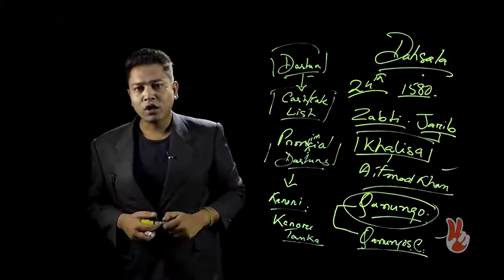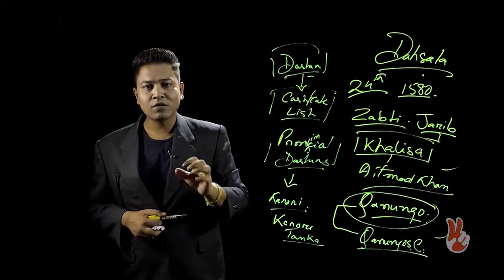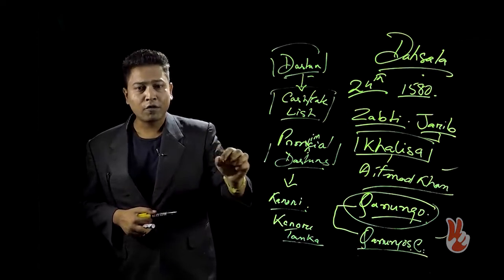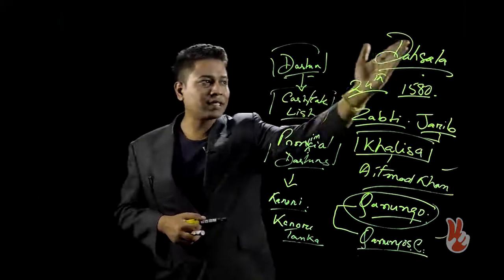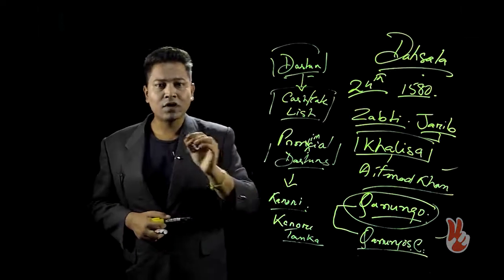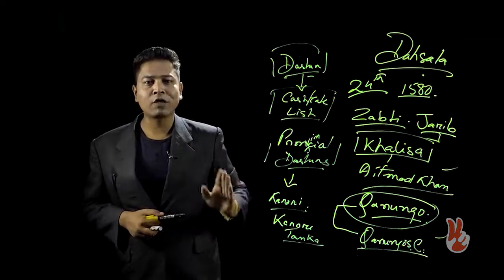Now when we are talking about Dahsala, it is not a system of fixing revenue for 10 years, okay. The word Dahsala, which means 10 years, does not refer to a 10-year lease period or 10-year term.